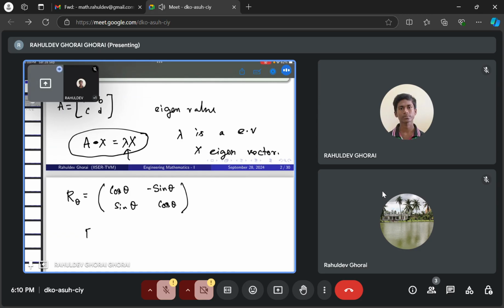If you multiply R theta by x, y, it will rotate the point x, y by the angle theta. It will be R theta of x, y.